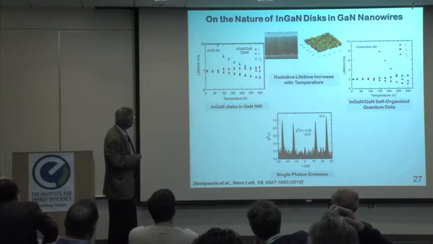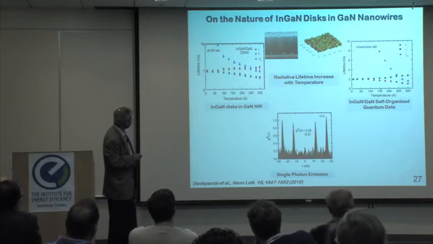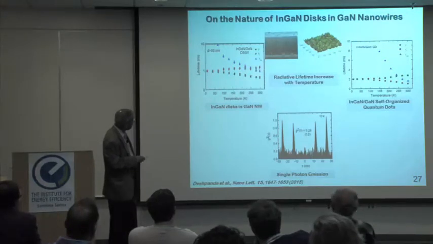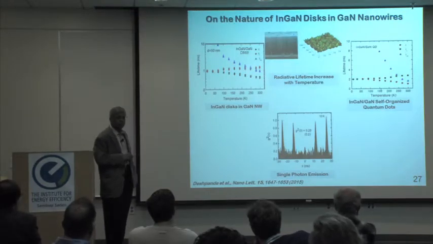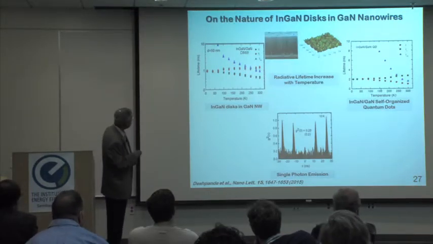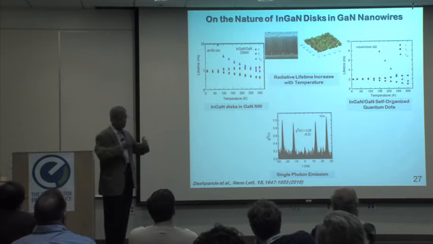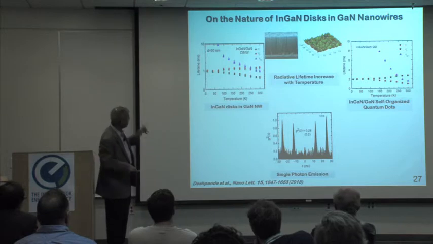When we measure in these nanowires and in the self-organized dots that I had talked about earlier, when we carefully measure the radiative and non-radiative lifetimes as a function of temperature, the radiative lifetime, which normally, as we know in any material, should really stay constant with temperature, shouldn't vary. But it shows unmistakably an increase with increasing temperature.